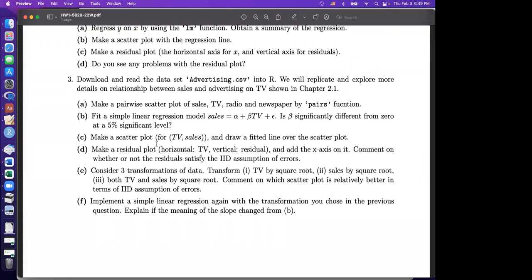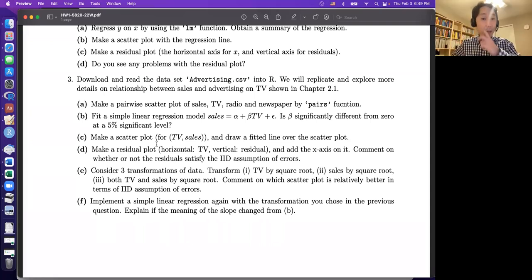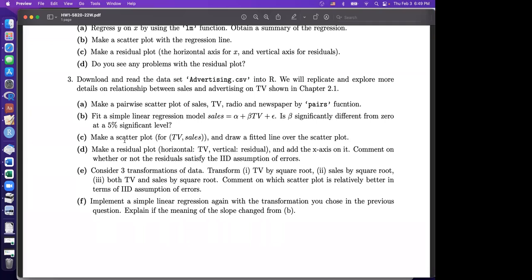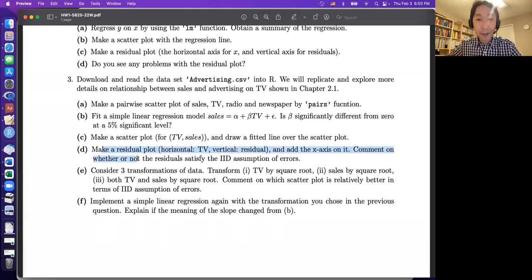On 3D, I was trying to use plot, resid, and then TV for the horizontal line, and then the residual of LM2, because LM2 is my regression of sales on TV. Which question are you asking about? 3D. Make a residual plot.